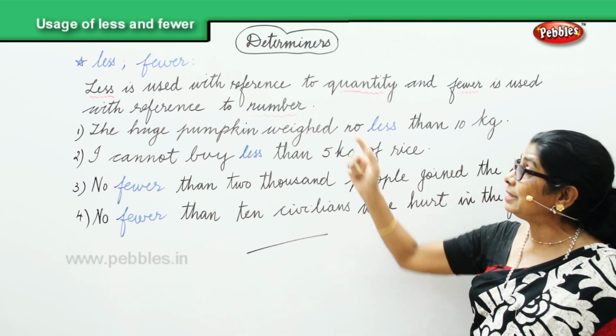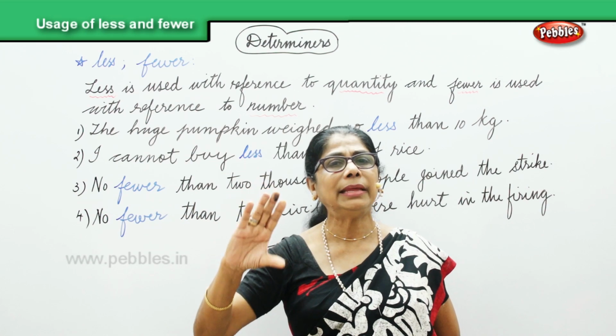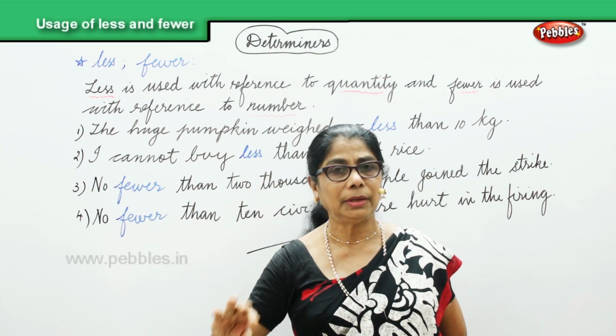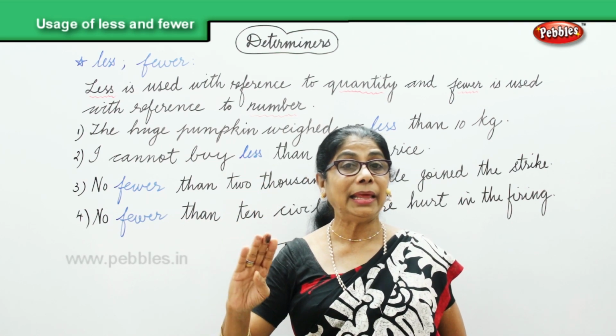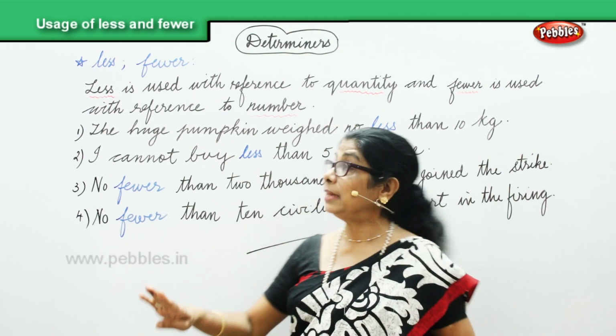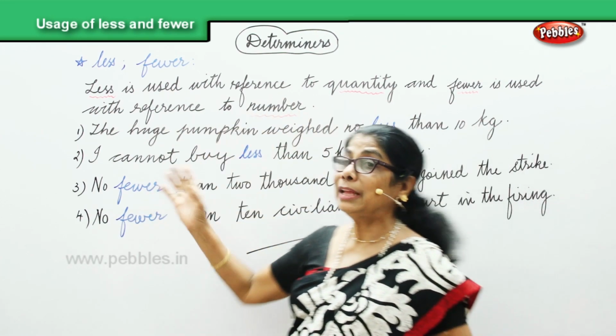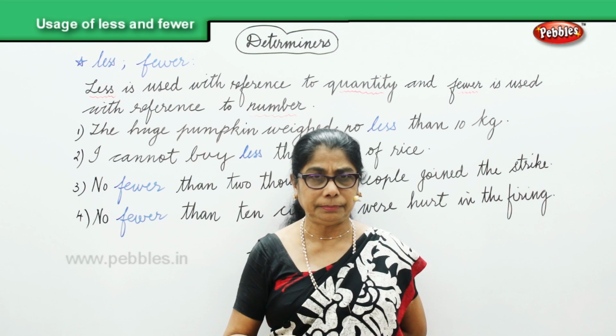So when you say less, we're talking about quantity. Mama gave me less milk this morning. Or my sister gave me less juice last night. So that is less. When you talk about fewer, we are talking about number.